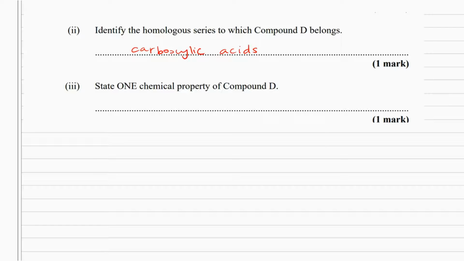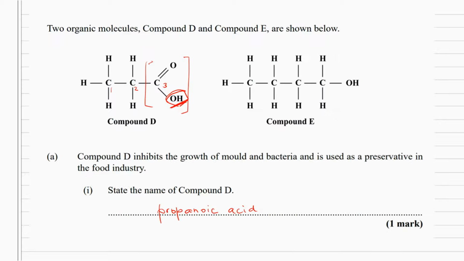Now, one chemical property of compound D is that it's soluble in water. Due to the presence of this hydroxyl group right here, compound D is soluble in water. Carboxylic acids are soluble in water because they're polar in nature, right?